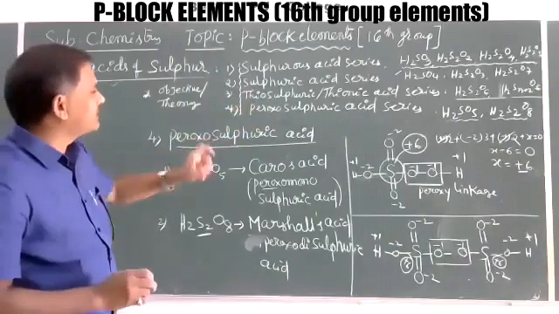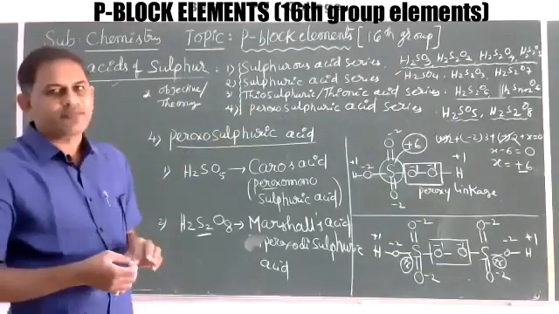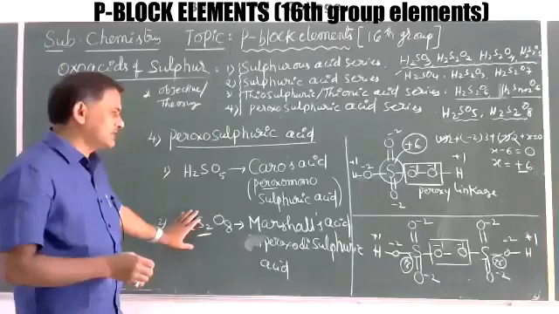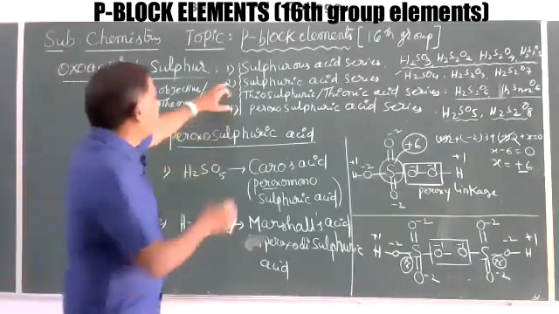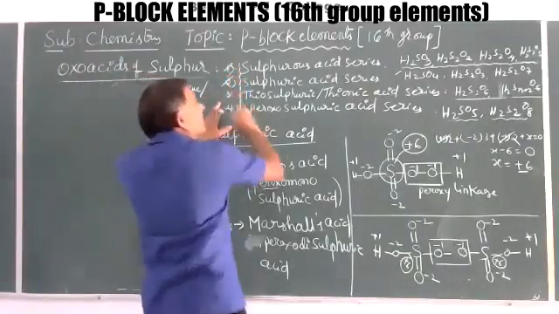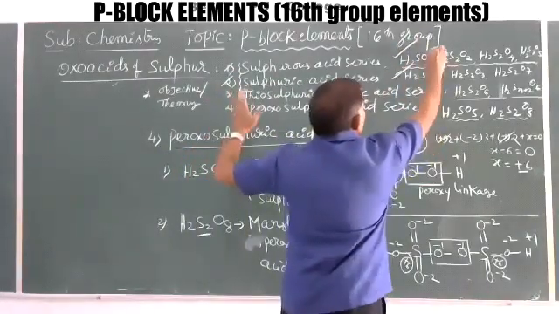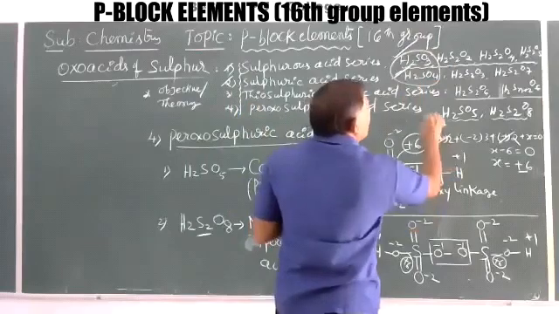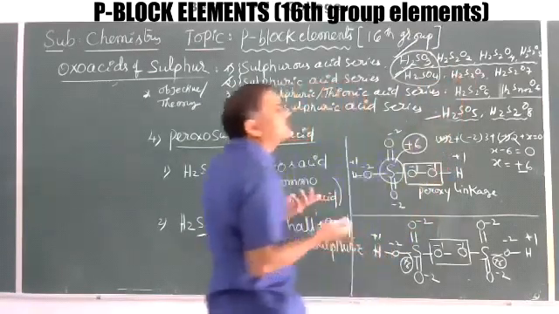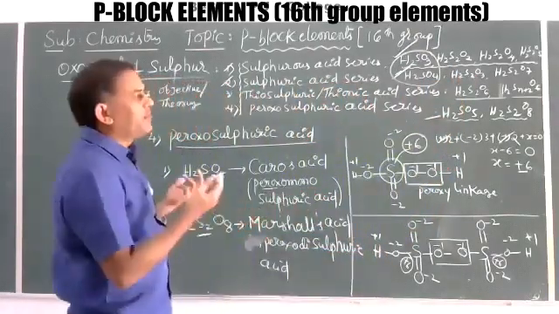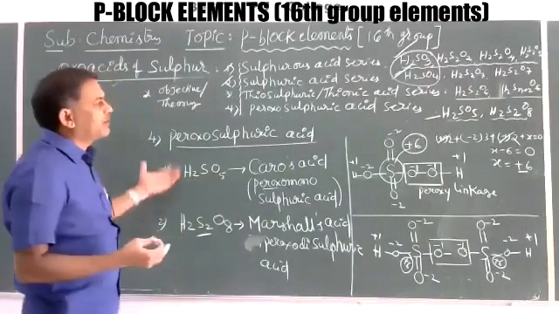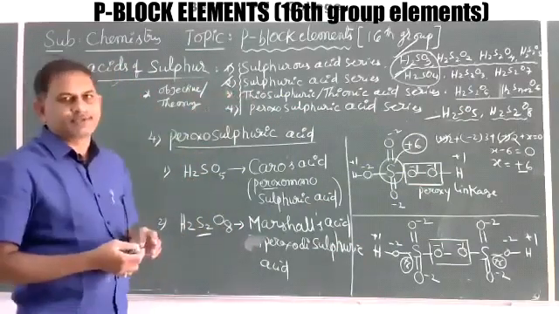The thiosulfuric or thionic acid series and peroxosulfuric acid, these two are very, very important. Remember, we regularly use sulfurous acid and sulfuric acid. We know these two. Hardly the other examples are asked. Better remember their names and oxidation states on the basis of structure.